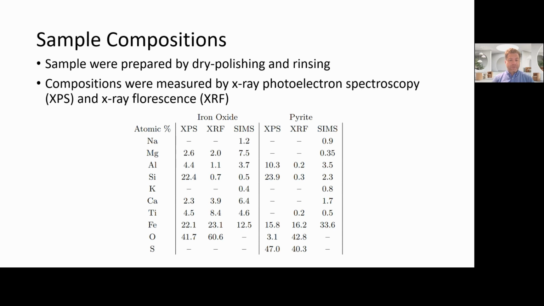But we found that some of that silica remained on the surface. So that Si, which we see in the spectra for these samples, was due to the dry polishing. And although that's not giving us an idea of exactly what these pure mineral samples would do, it is a little bit more relevant to a mixed planetary surface. Next slide.